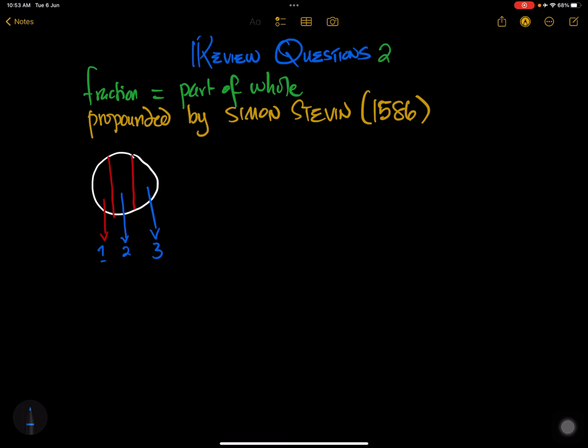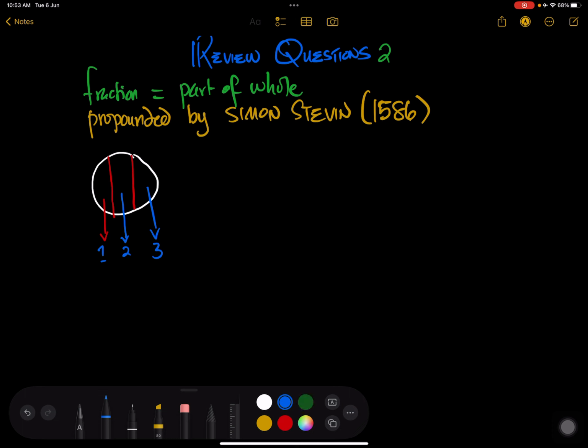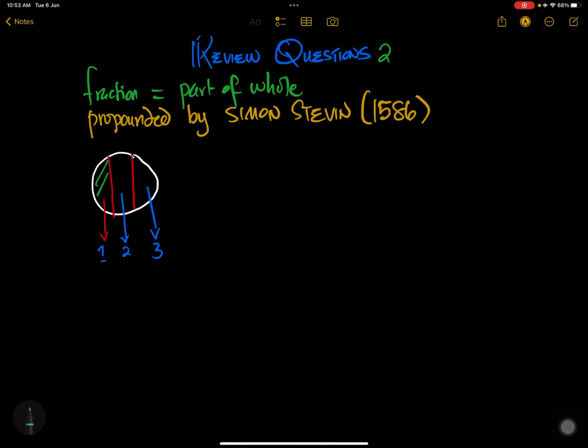Now, what we are going to find out is that this slice portion was given away to Peter.